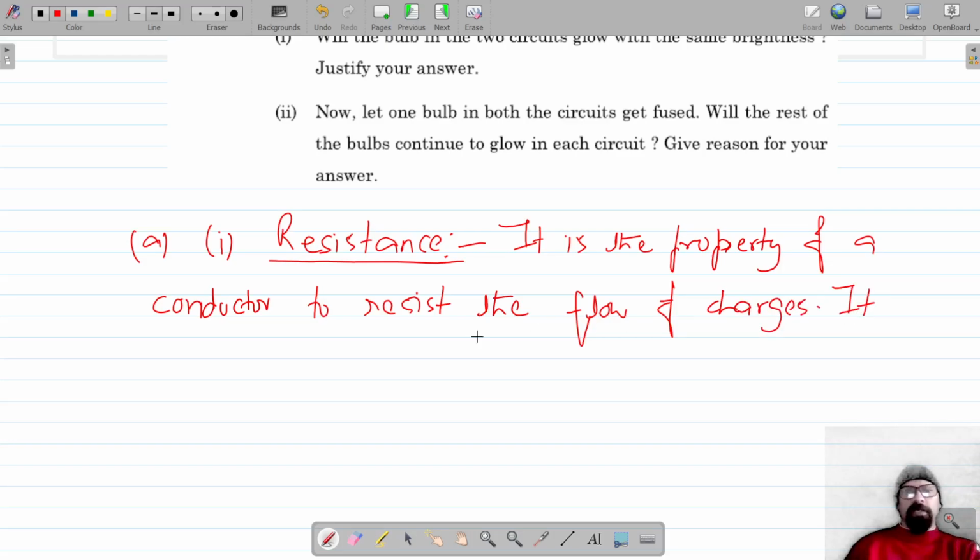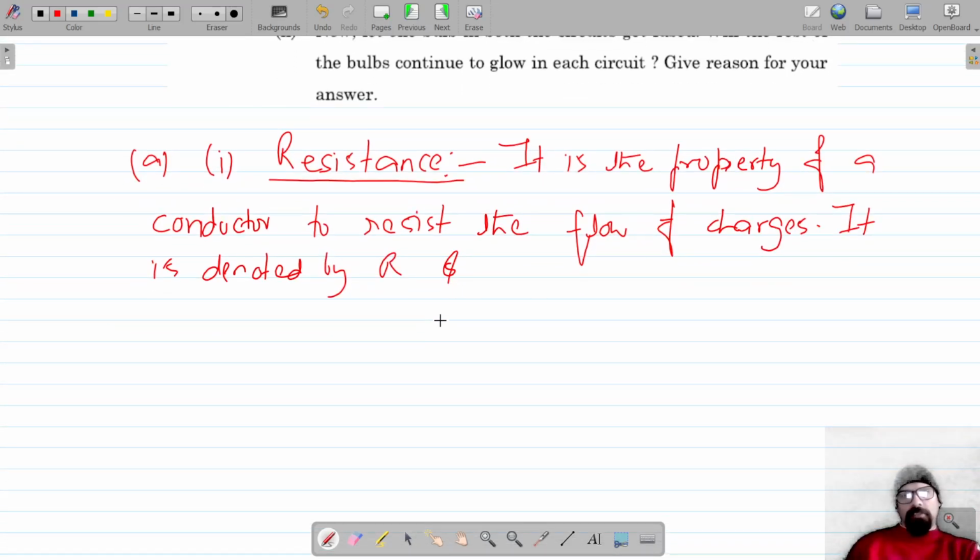It is denoted by R. And we know that V is equal to IR, so R is equal to V by I according to Ohm's law.